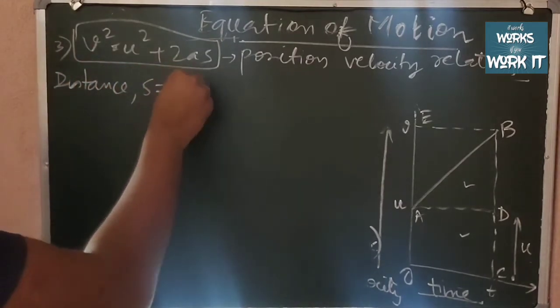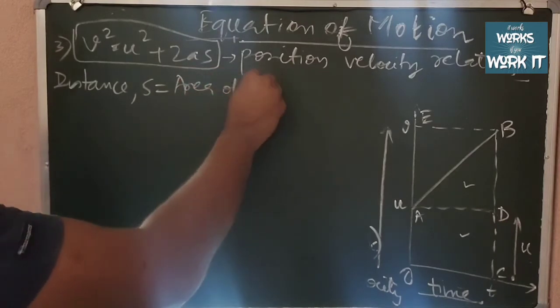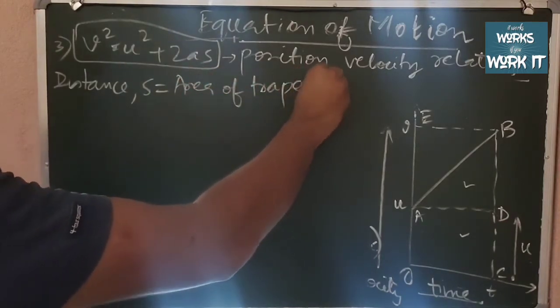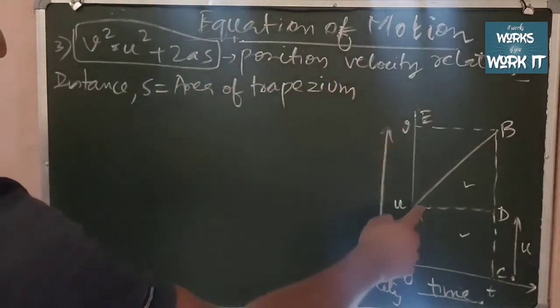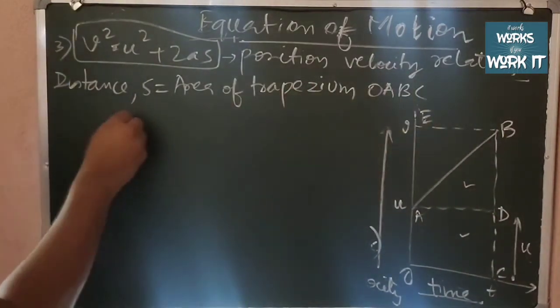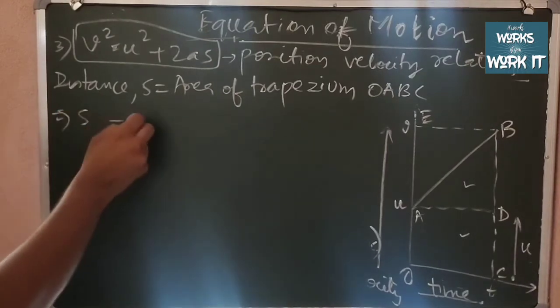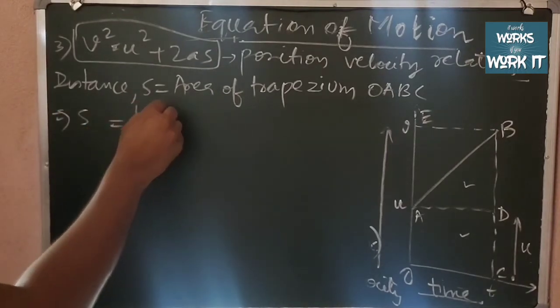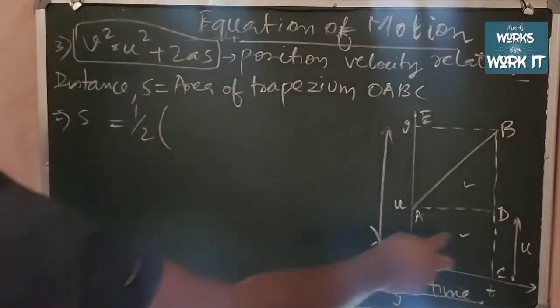So for the distance, if you see here, after finding out the area of trapezium OABC, we will be able to find out the third equation of motion. S equal to, what is the formula for the area of trapezium?